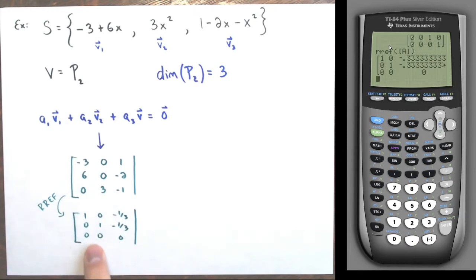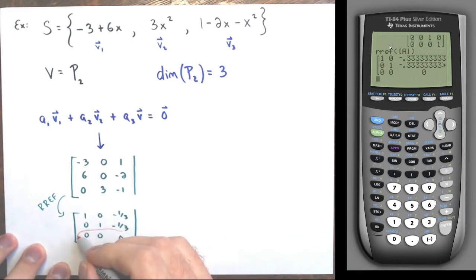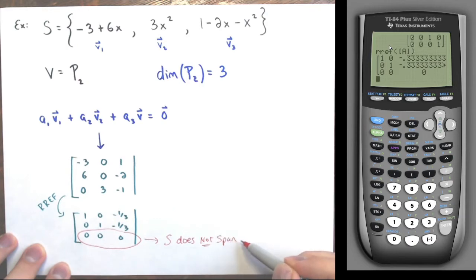So you see this row of zeros, but when we're talking about independent, the row of zeros tells me that S doesn't span. I mean, you could check either way. This row of zeros tells me S does not span P2, right?